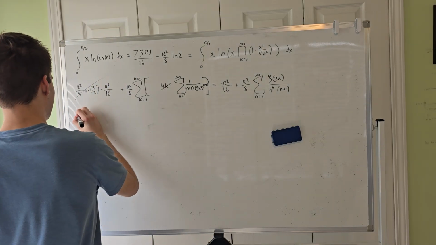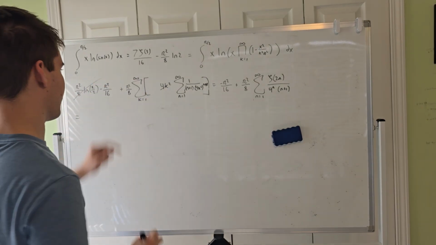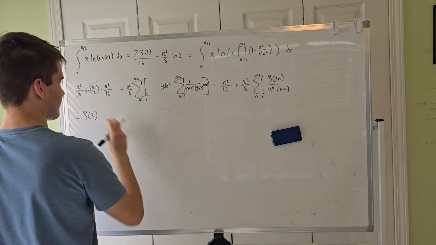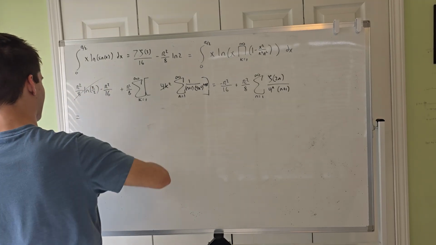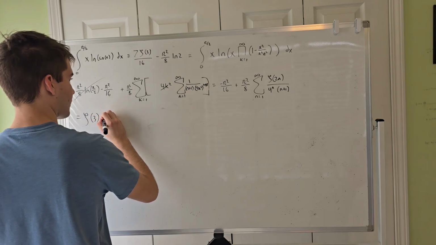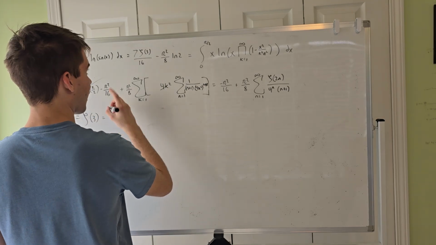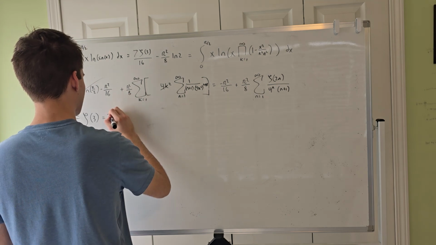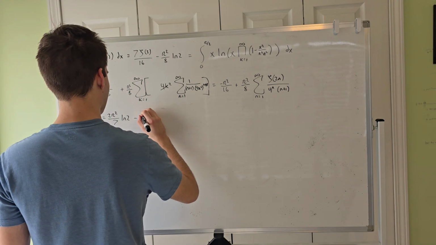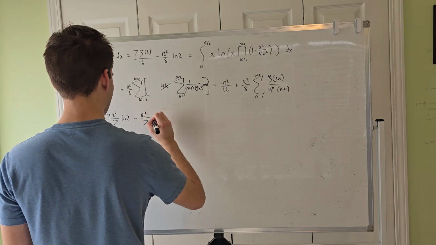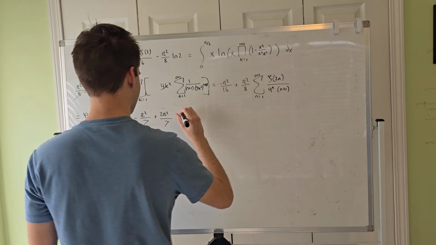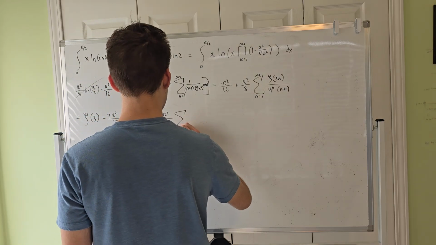So if we equate those two and then isolate zeta 3, we get zeta 3 equals 2 pi squared over 7 ln 2 minus pi squared over 7 plus 2 pi squared over 7 times our little sum here.